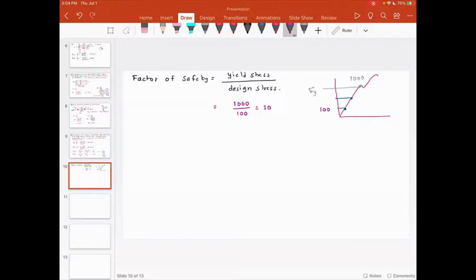Now, sometimes such a high factor of safety is not desired, because what happens is if you increase the factor of safety, your component dimensions become bigger. So the component becomes big and heavy. Now I want you to think about an application such as an aircraft.